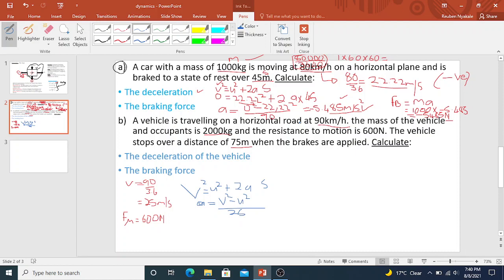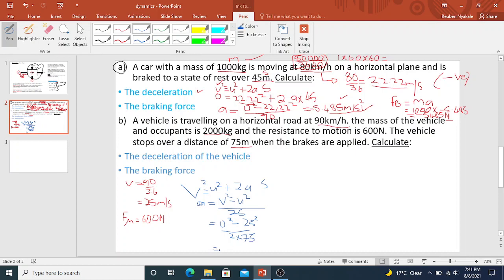But in this case, the initial velocity is 90, which we have converted to 25. Now I'm having 0 squared minus 25 squared, divided by 2 times 75.